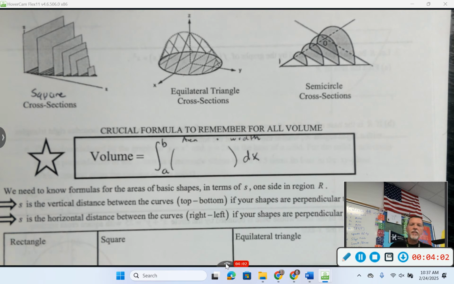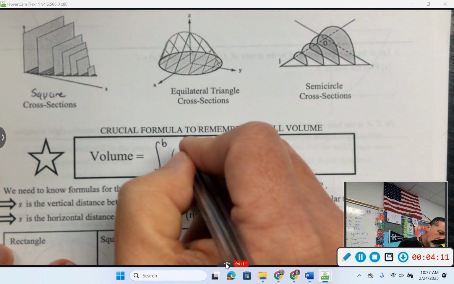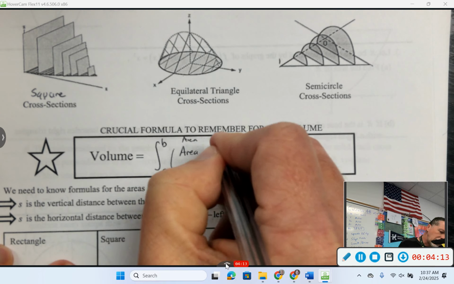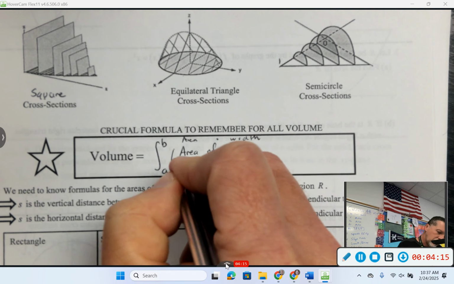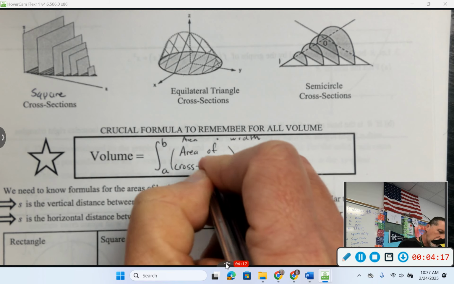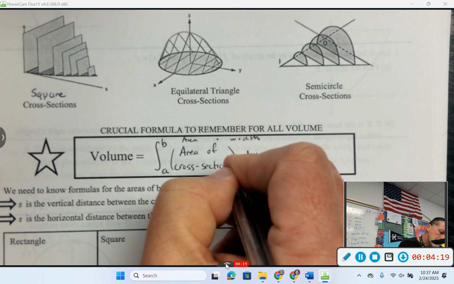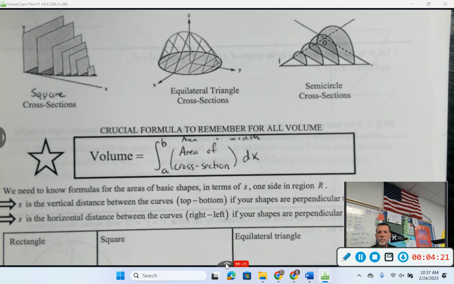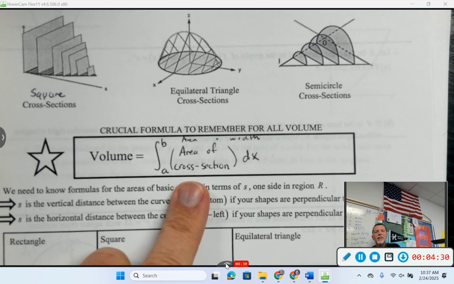So width is easy, that's still dx. But instead of just a height, like a rectangle, there's a whole area to consider. And that would be the area of the cross-section. So all the cross-section problems will use this formula.